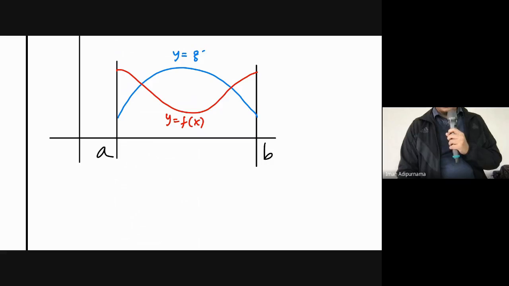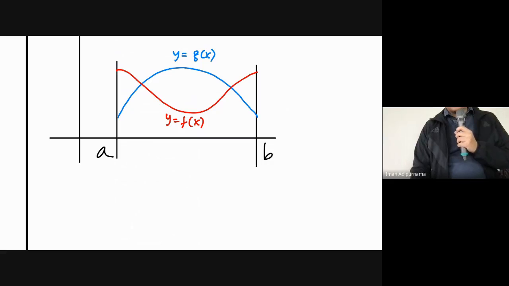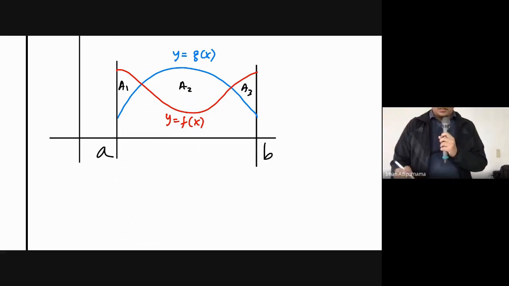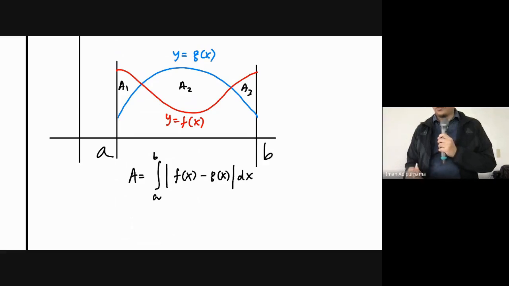The blue one is g of x. Now we have three areas in between the curves. We can still write the area from A to B as the function on the top minus the function on the bottom, but as an absolute value. We can write this.